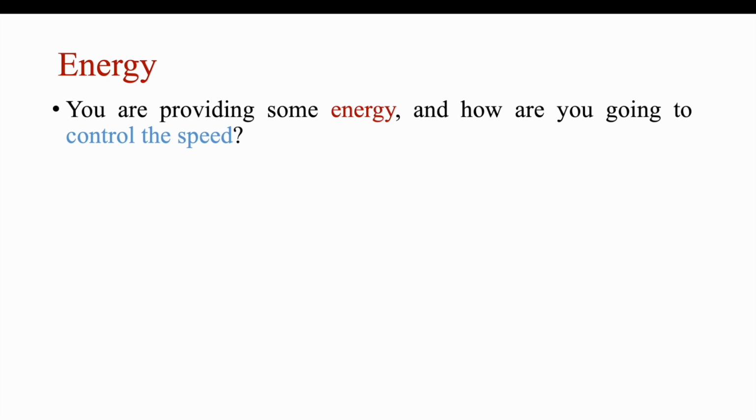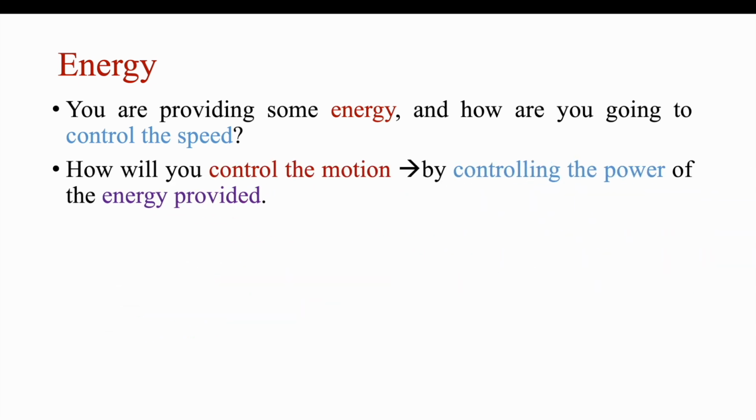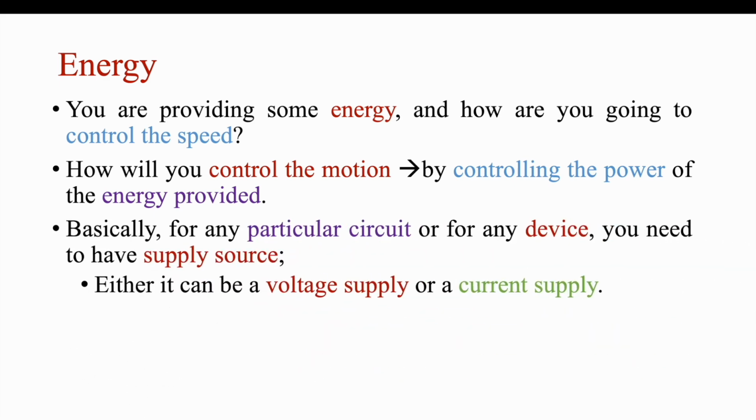The first one is the energy. You know that if you are providing some energy, how are you going to control the speed? And how will you control the motion? It is nothing but just controlling the power of the energy to be provided to the device.